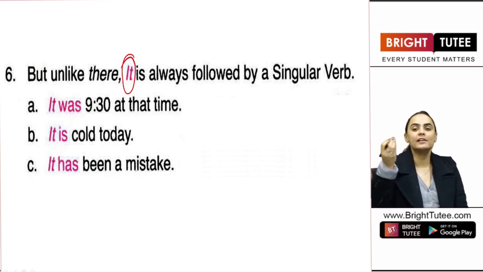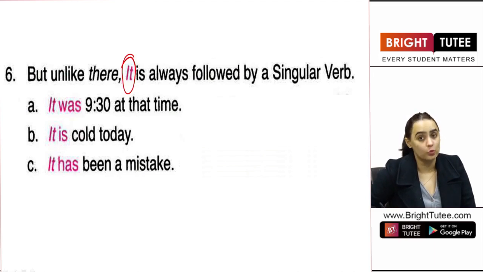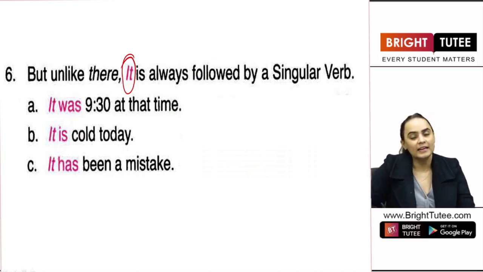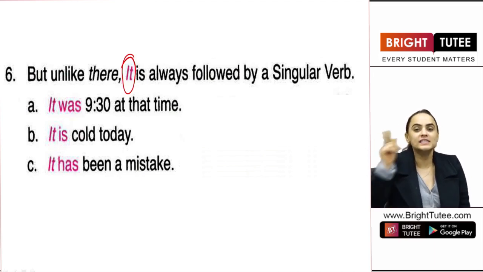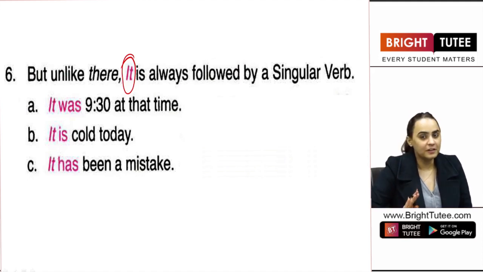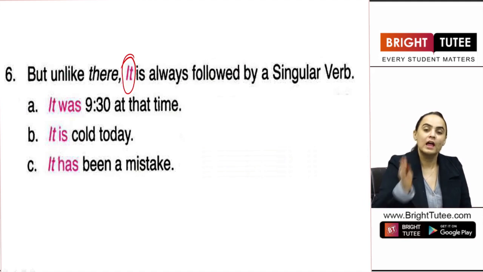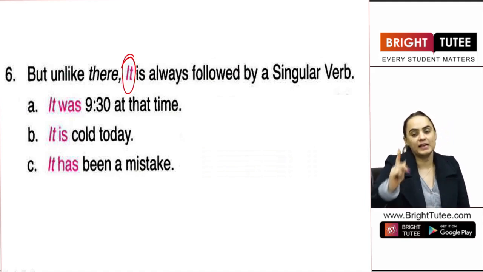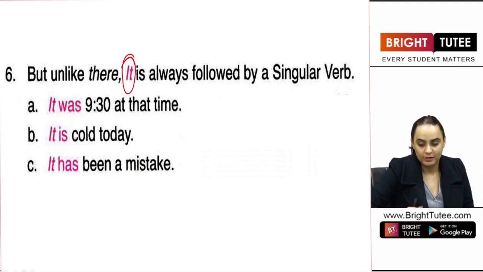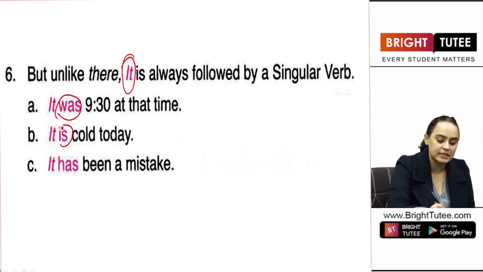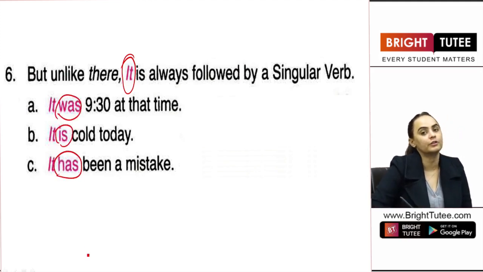"It" in itself we all understand is a pronoun, right? And it is used for a singular noun only. We know that when we replace nouns with the pronoun, a singular neutral noun is replaced with the pronoun "it." So whenever a sentence begins with "it," it will always have a singular verb after it.